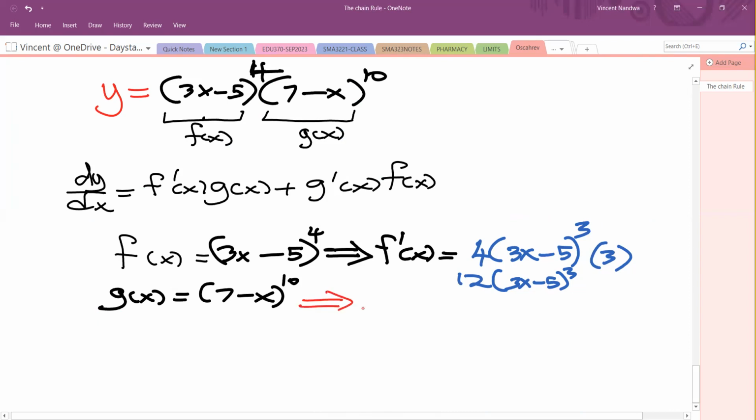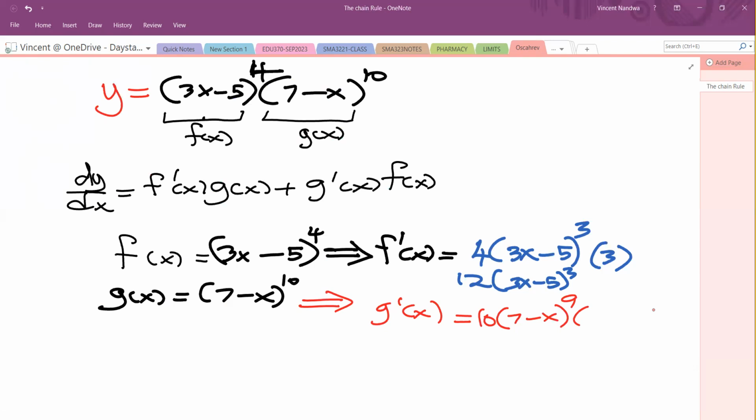Let's get the g prime. So g prime is 10 into (7 minus x) power 9, and then differentiate inside.